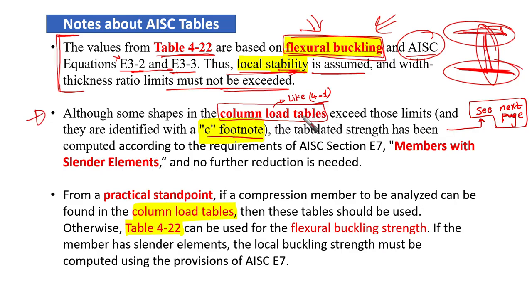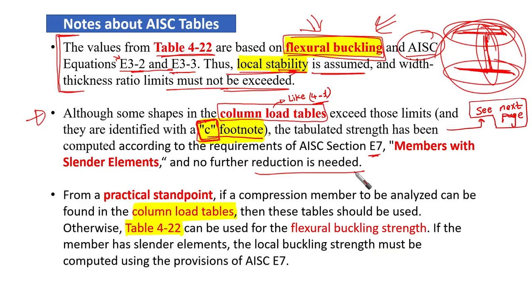So in the column load tables, some shapes exceed these limits, and they are identified with a C footnote, which indicates that this cross-section has some problem regarding local stability for one of its elements, like the flange or web. The tabulated strength has been computed according to the requirements of AISC section E7, which is for members with slender elements, and no further reduction is needed. So this is a very important hint.